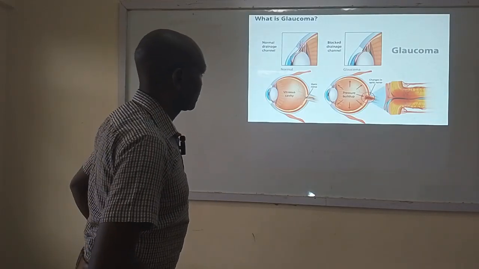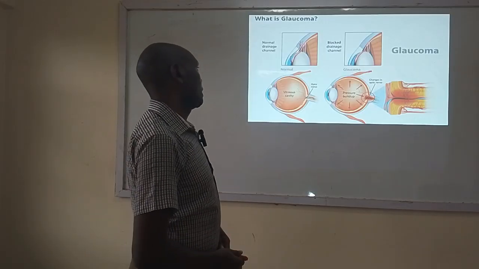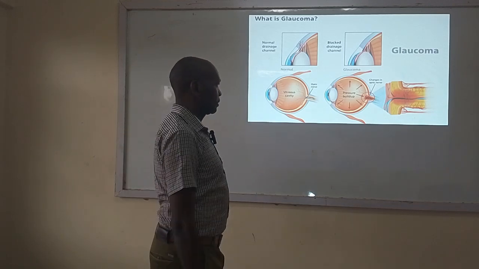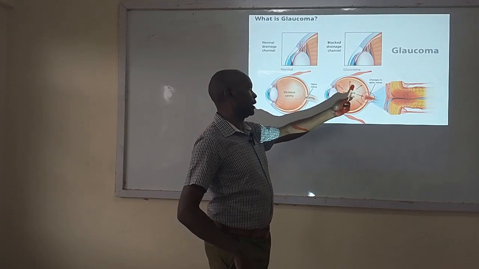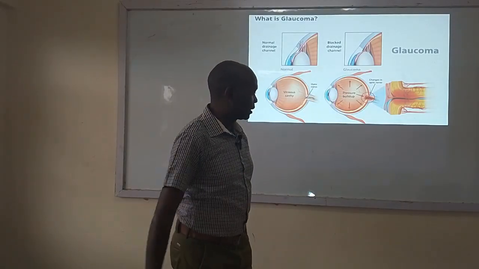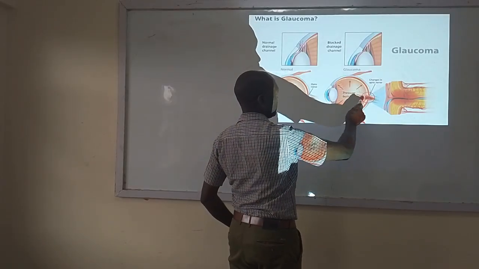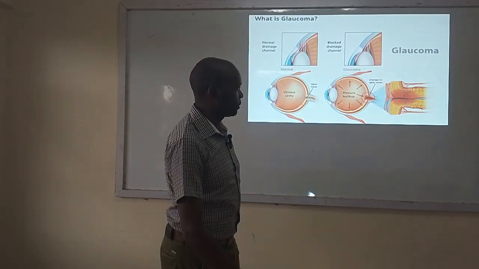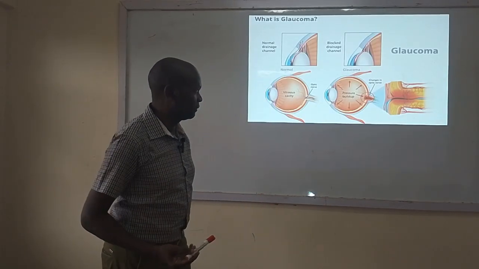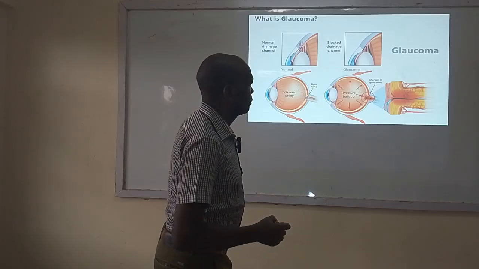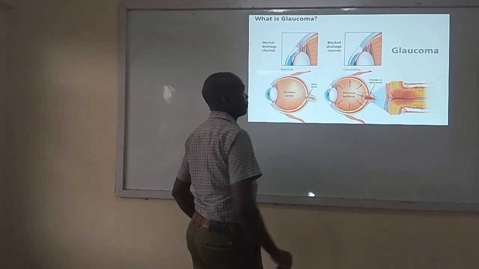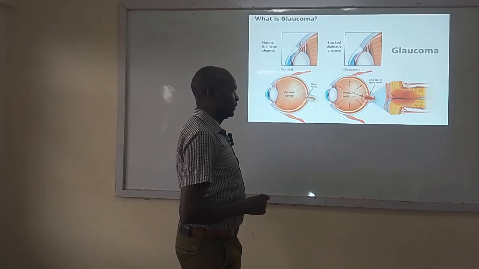So this demonstrates what we've just explained. This is a normal eye, but once there is accumulation of aqueous humor, pressure will build up. Once pressure builds up in the eye, it compresses the optic nerve around here. So there will be changes in our optic nerve. And you know the function of the optic nerve is to transmit the visual information from the eye all the way to the brain for interpretation.